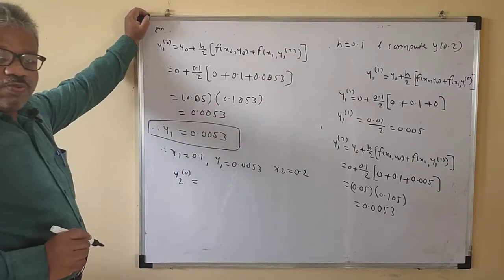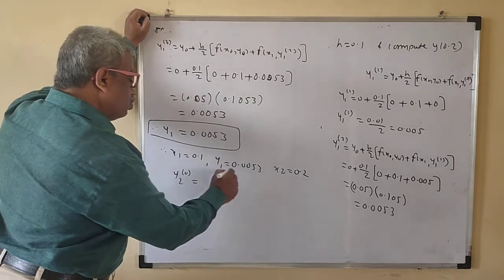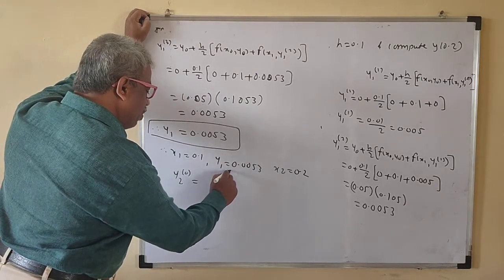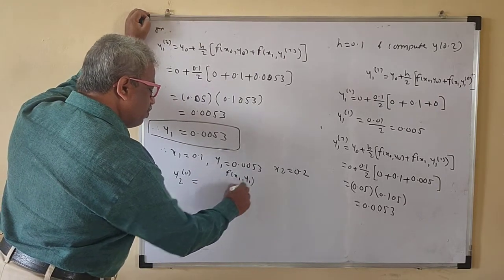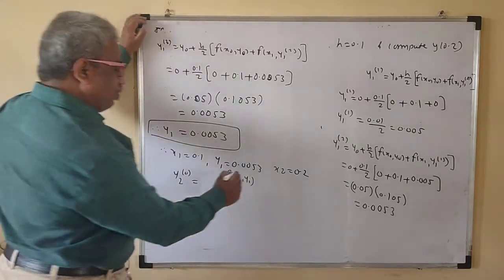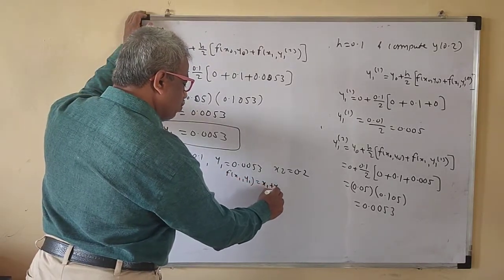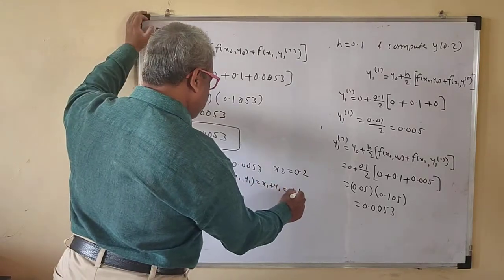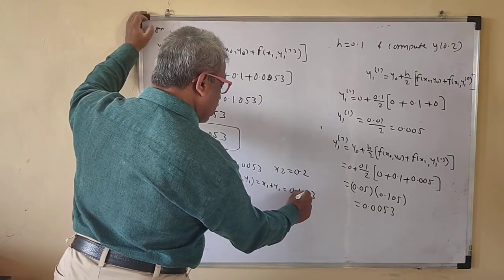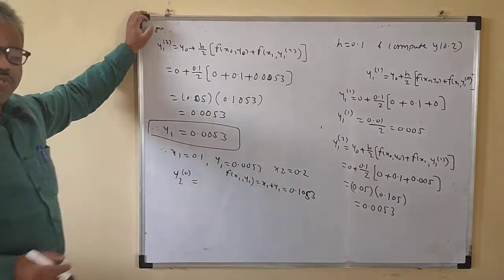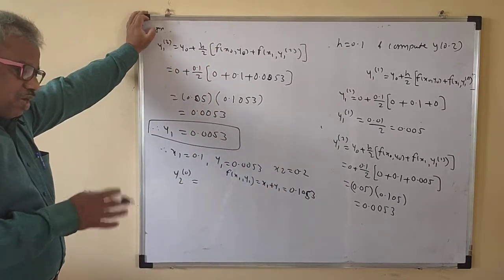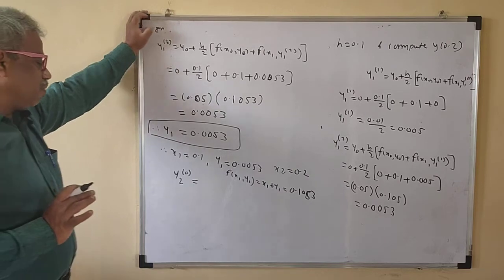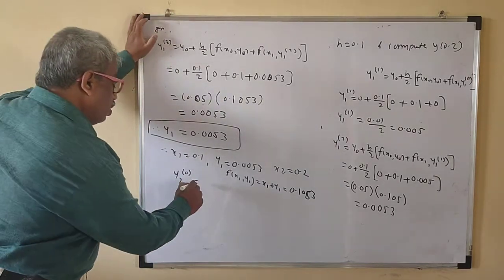We'll also find f of x1 y1, because everywhere you need the value of f of x1 y1. This is x1 plus y1. What is your x1? 0.1. So this will be 0.1053. Everywhere you need this value f of x1 y1.